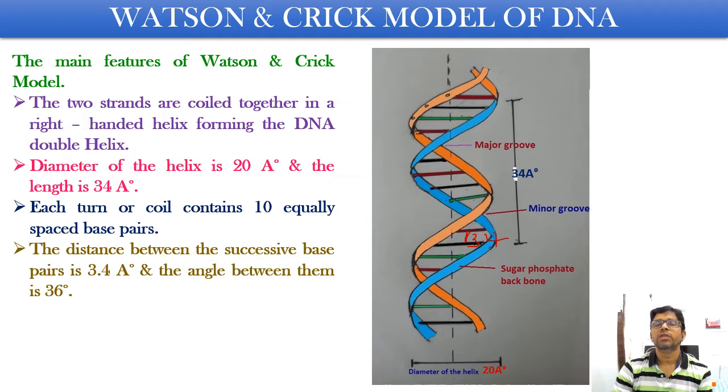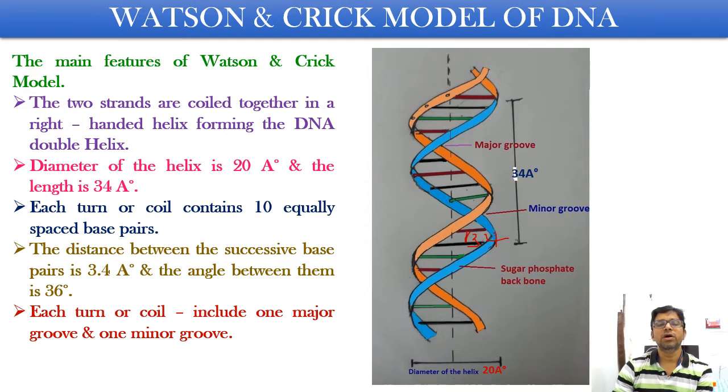A total of 10 nitrogen base pairs are present in one coil, or one helix turn, and they are equally spaced, and the gap between two successive nitrogen base pairs is 3.4 angstroms.